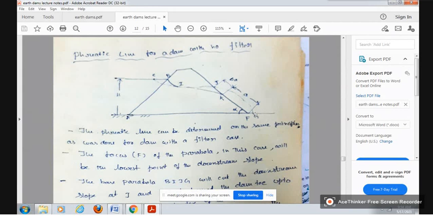In this case, G falls away from F. So this is the starting point and this is the end point G. You can locate the intermediate points and draw a line. That is the parabola, the seepage line or phreatic line. As I said, make some small correction here. Therefore, the phreatic line in this case is B I J G.